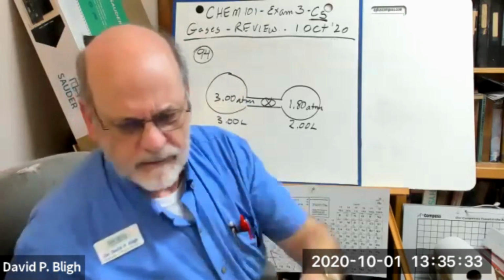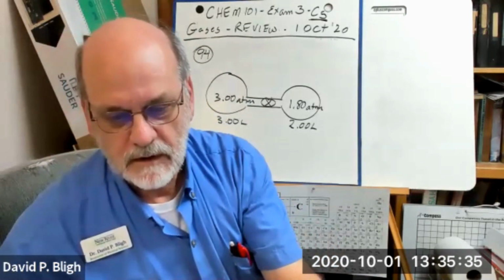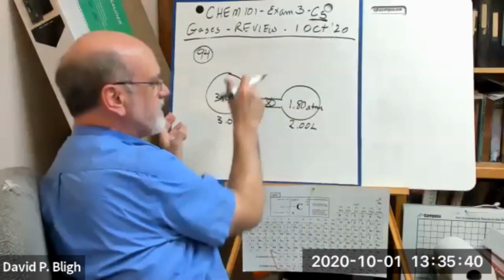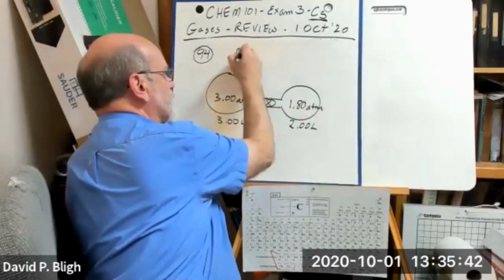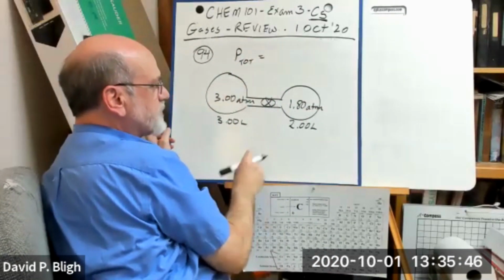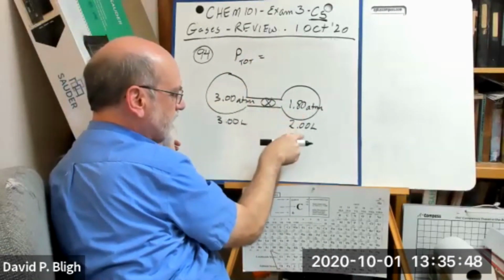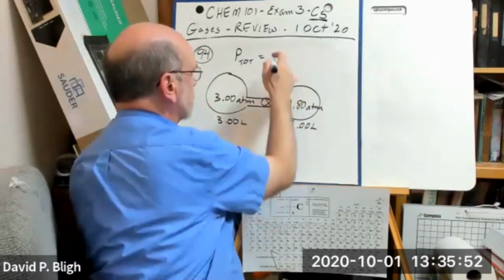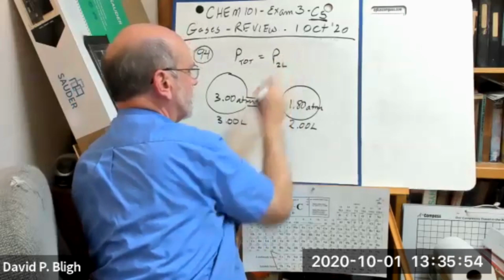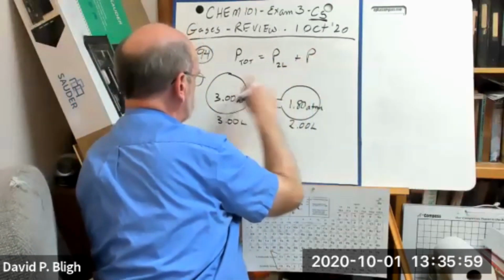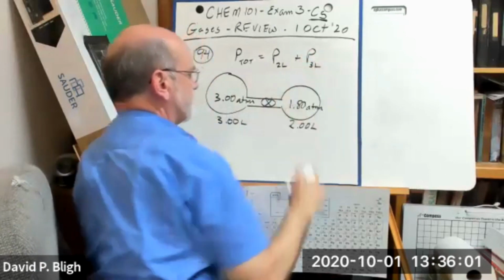Okay, so let's go back to the question. What's the final pressure? Okay, so what's the final pressure after we open the valve? So that pressure is actually going to be equal to what's the pressure due to this gas on that side, and let's just call this P of 2 liters plus P of 3 liters.